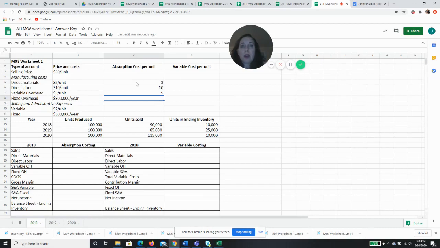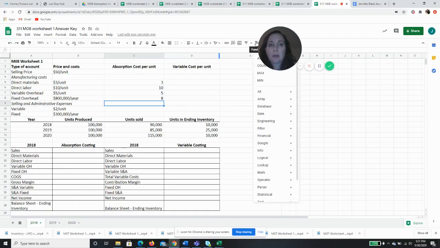To figure out our fixed overhead per unit, we're going to divide that by the number of units we're going to produce. So 800,000 is the total cost, divided by the number of units we're going to produce this year, which is 100,000. So our fixed overhead per unit under absorption costing is $8.